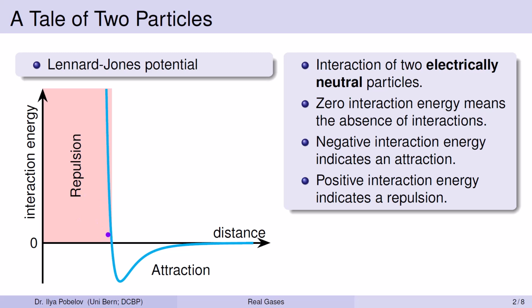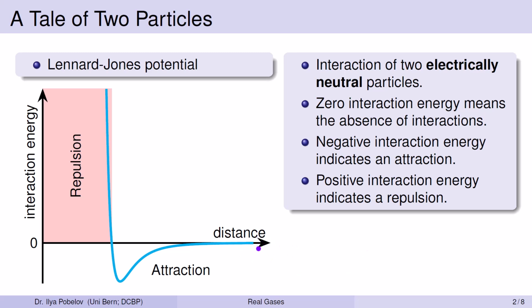After that, if one pushes particles closer to each other, the repulsion term and the overall energy rise very sharply. It indicates a very strong repulsion between particles, essentially forbidding them to come closer to the range of distances marked by a red rectangle.